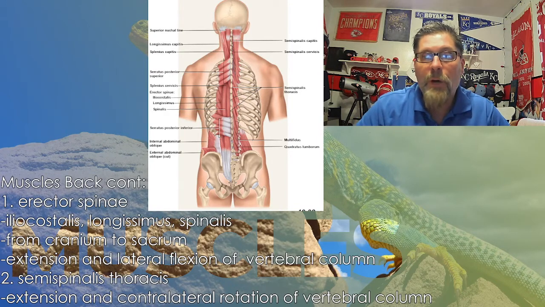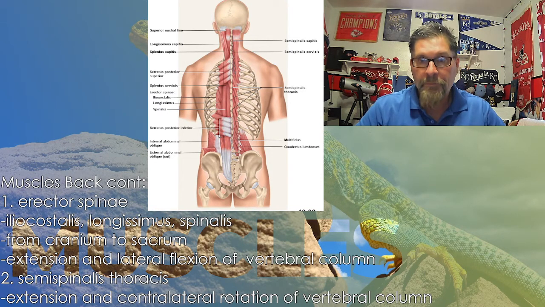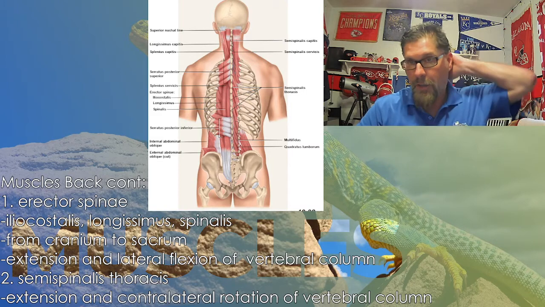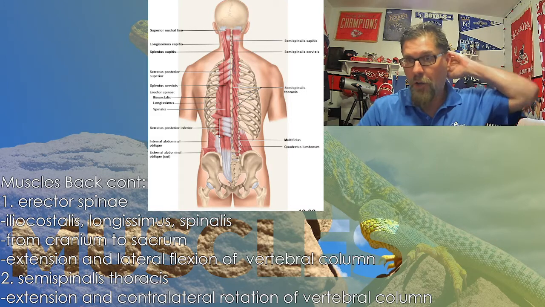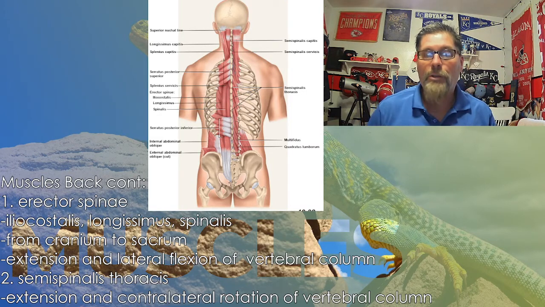Okay, so some others. The main three that they're talking about are kind of right in the middle. If you look at the left-hand side of that diagram, they're kind of right in the middle: the iliocostalis, the longissimus, and the spinalis. The interesting thing about these is they extend all the way from the back of the skull all the way down to the sacrum.